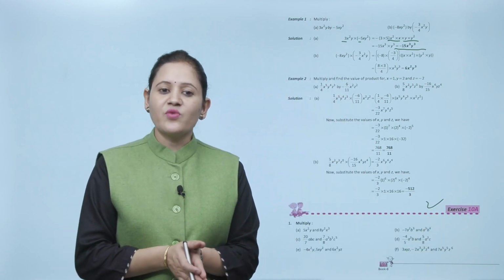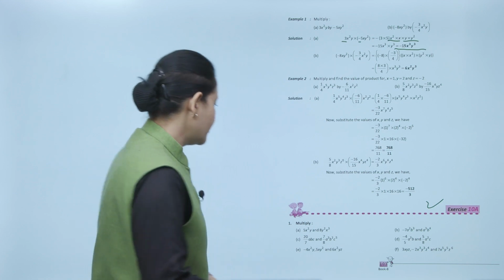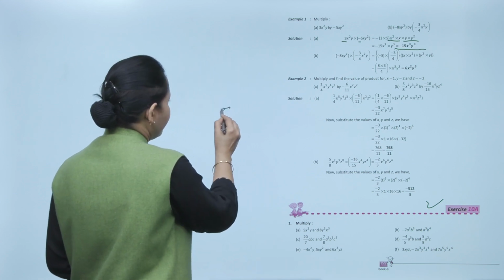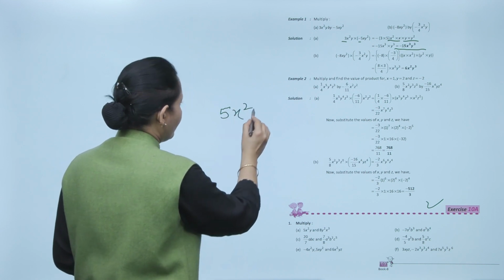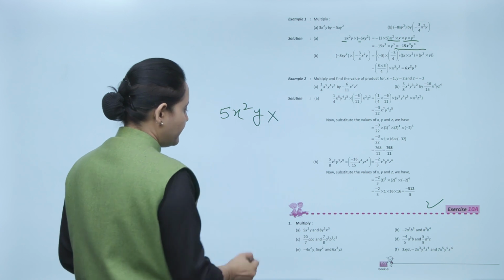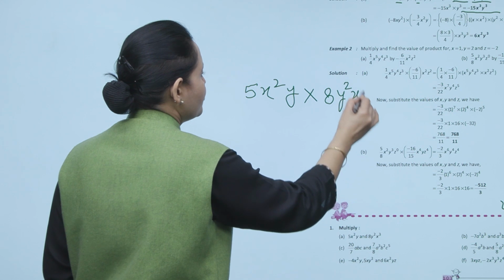Multiply 5x square y and 8y square x cube. So we have to multiply 5x square y by 8y square x cube.